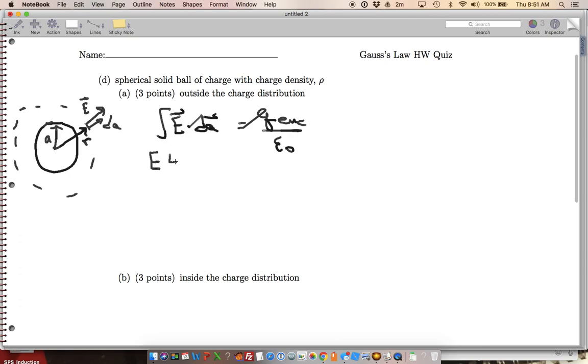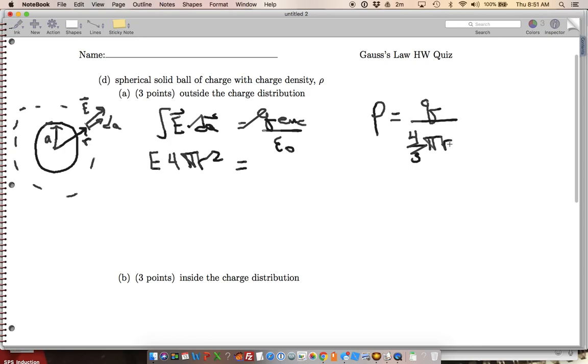I know that's going to be 4 pi r squared, and that's equal to Q enclosed. So I know that rho is equal to Q over the volume, which is going to be 4/3 pi r cubed.